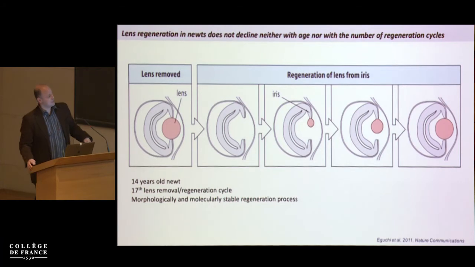It also shows that the newt is a very good regenerator, but also has a long life cycle. They can live as long as a human. So there is no such correlation as regeneration versus short lifespan.